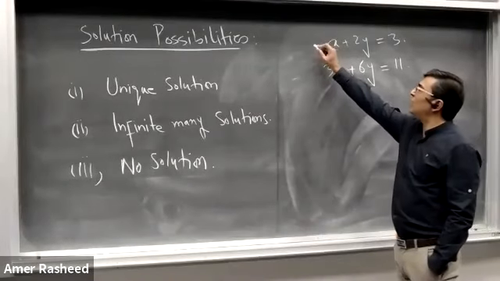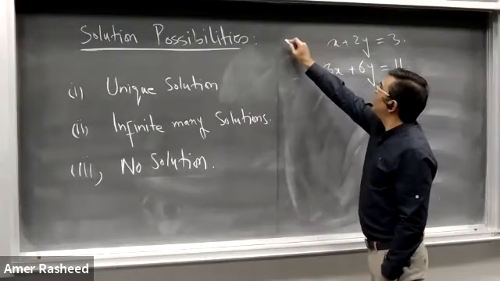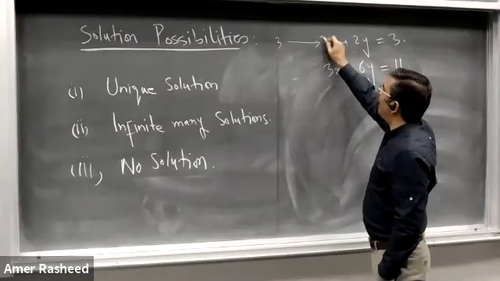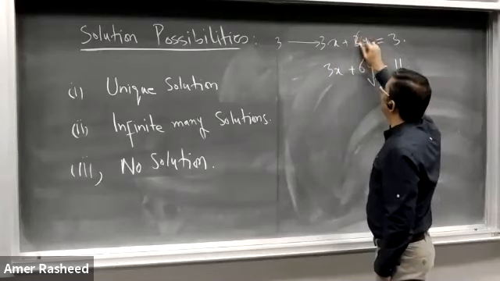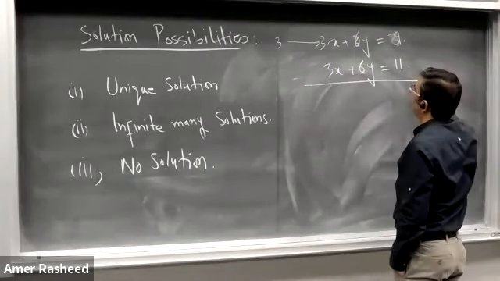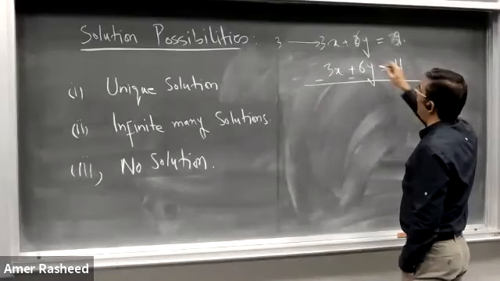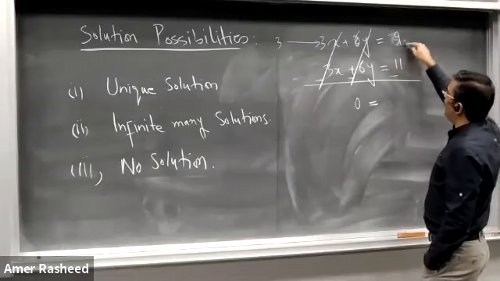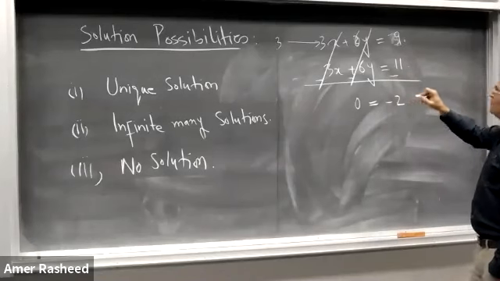If we multiply this equation by 3, you get 3, you get 6 here, you get 9 here. And when you subtract them, you cancel out the left hand side, you get 0 here, but here you get minus 2.